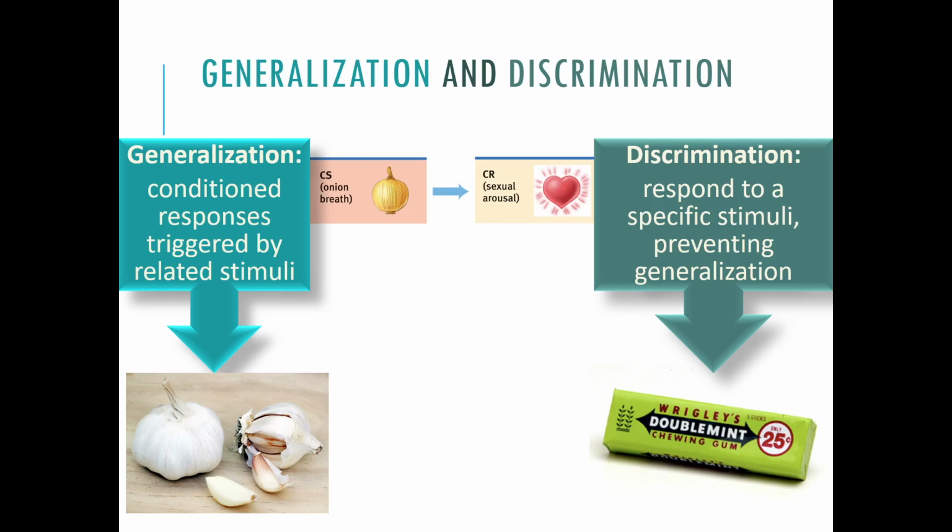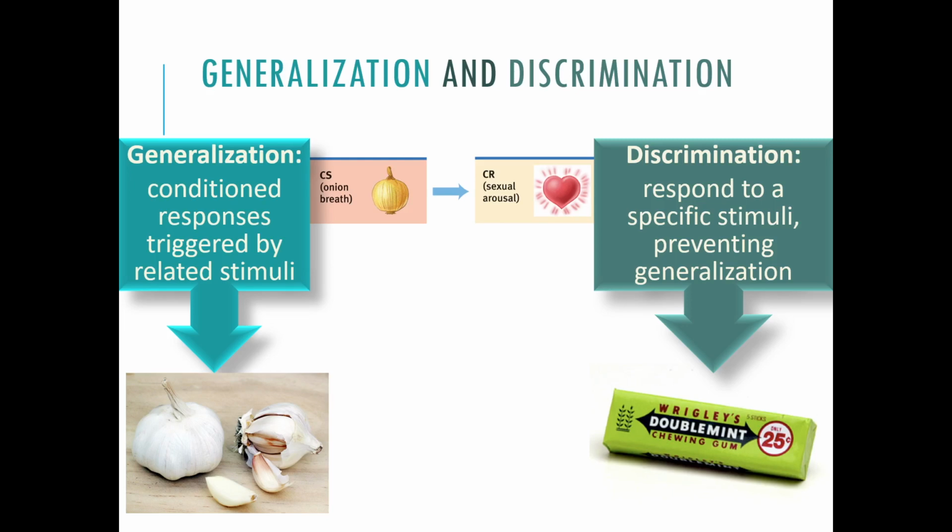It has to be similar enough in order for us to produce the conditioned response. We don't generalize to just any old flavor of breath. So like if your onion breath partner shows up one time having chewed Wrigley's Doublemint gum on the way over to the date, you may not have that conditioned response of sexual arousal because now their breath smells weird, like mint.